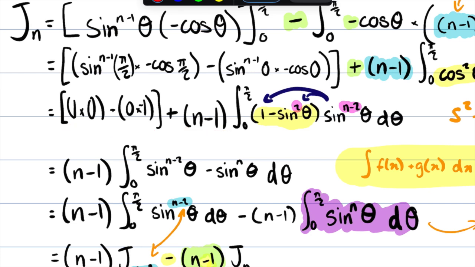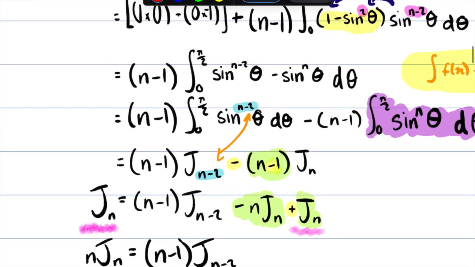Our cos squared turns into 1 minus sine squared theta times sine to the n-2 theta. Distributing this across, we get our sine n-2 minus sine n theta. This is again due to our index laws, where when we add these two, the 2's basically cancel and become just n.